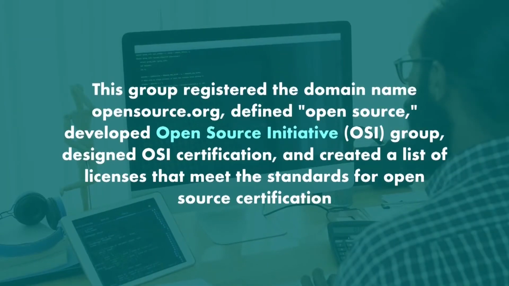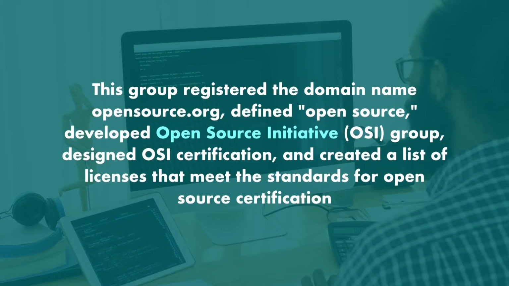In 1997, a group of people came. Actually, the name of the movement created by Richard Stallman was FSF, Free Software Foundation. But in 1997, a group of people under the leadership of Gus Perez, who previously headed the Debian project, developed a group called the Open Source Software Project.